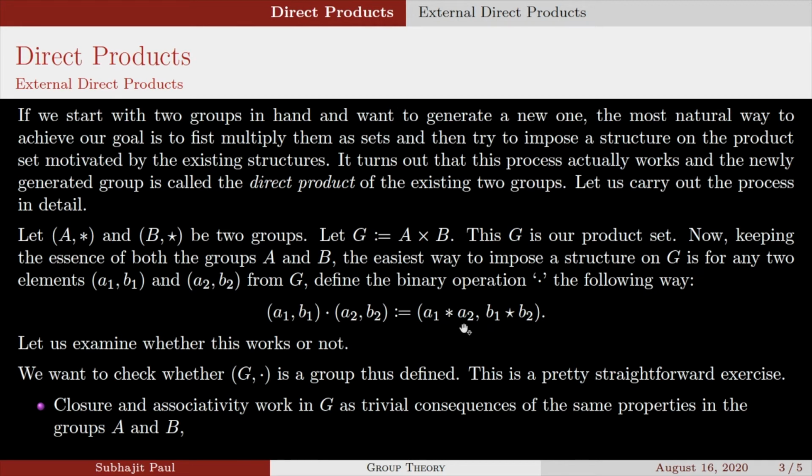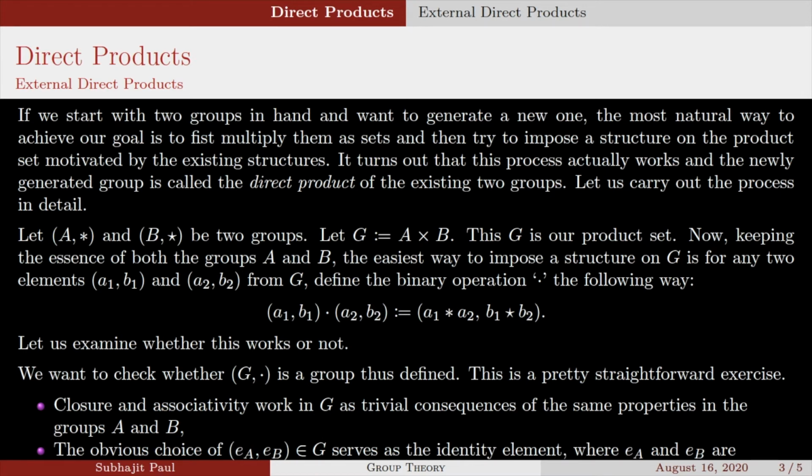A1 asterisk A2 is again in A because this is closed in A. Star is closed in B, so this product is again in B. So this product is again in A cross B. So that is closed. Associativity again works. You please check this. You take three elements (A1, B1), (A2, B2), and (A3, B3), and check using the associativity of asterisk and star the associativity of this dot defined over G.